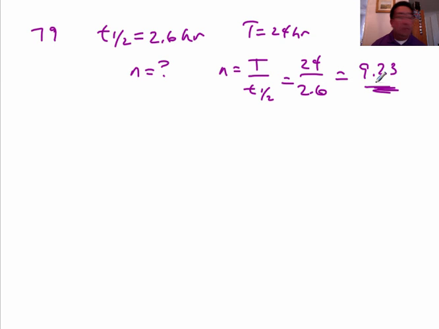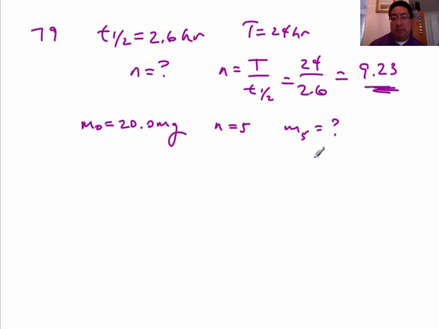Okay, but let's do the second part. It says how many milligrams of a 20 milligram sample. So the original mass is 20.0 milligrams. We want to know how much will be left after 5 half-lives. So if N equals 5, what is the mass after 5 half-lives?